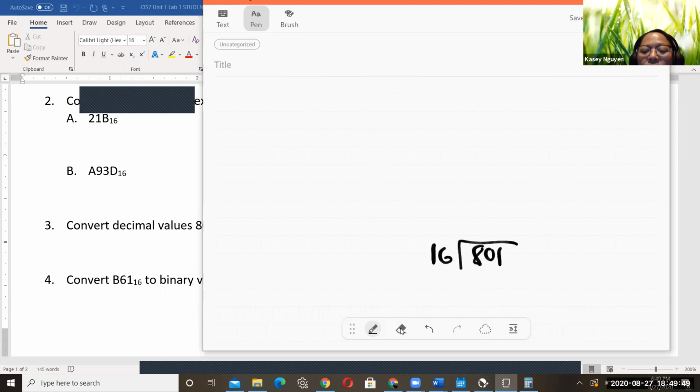Okay, so if we just take a look at the 80 right here, 80 divided by 16 is 5 times, right? That's going to give us 80. That subtracts evenly, right? And then we bring the 1 down here. So that's 1 divided by 16. It's going to give us 0.